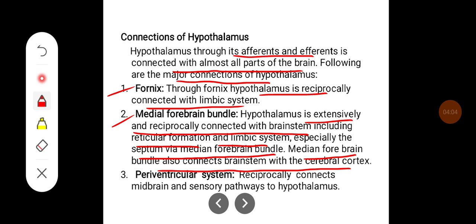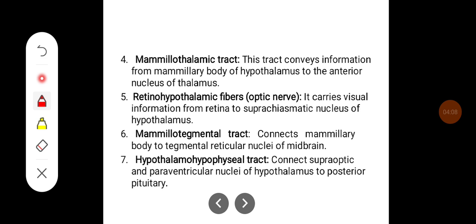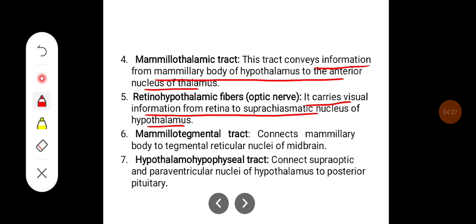The periventricular system reciprocally connects the midbrain through sensory pathways to the hypothalamus. Through the mammillothalamic tract, it conveys information from the mammillary body to the anterior nucleus of the thalamus. And through retinohypothalamic fibers, that is the optic nerve, it carries visual information from the retina to the suprachiasmatic nucleus of the hypothalamus.